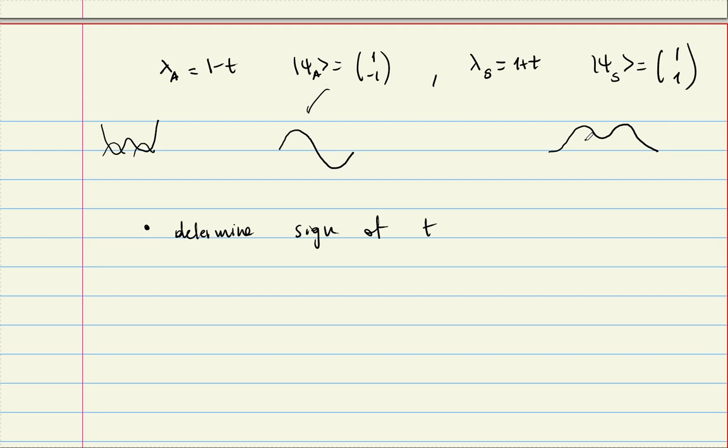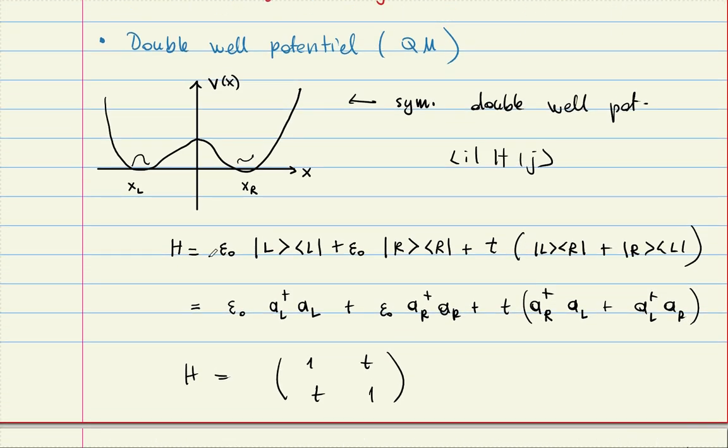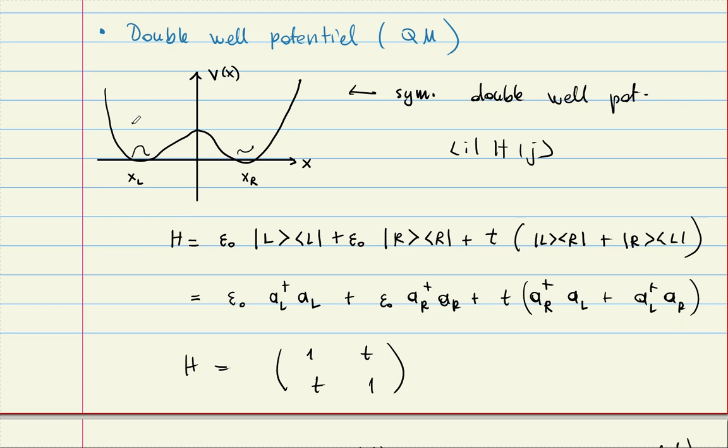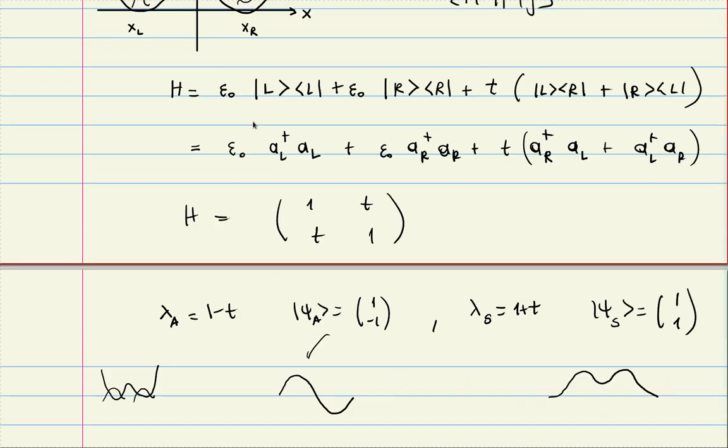There are many ways to determine the sign of t, but the one I like is the following. Suppose I continuously bring these two wells together. You can think about this problem like a hydrogen molecule, where you bring two hydrogens together, or think about combining these two wells into a single well.